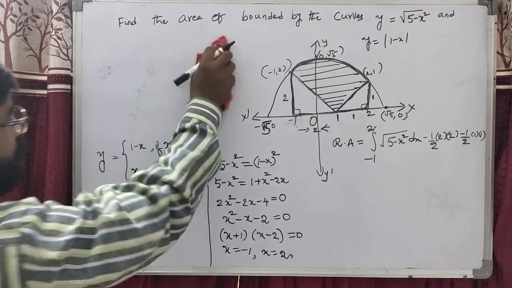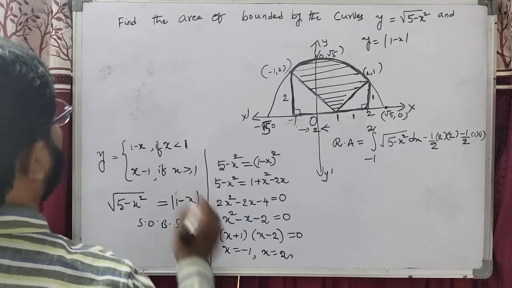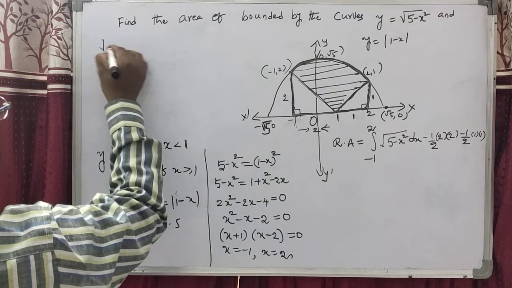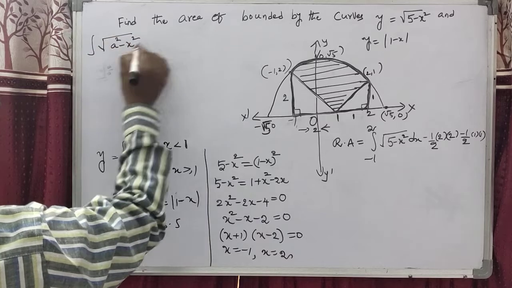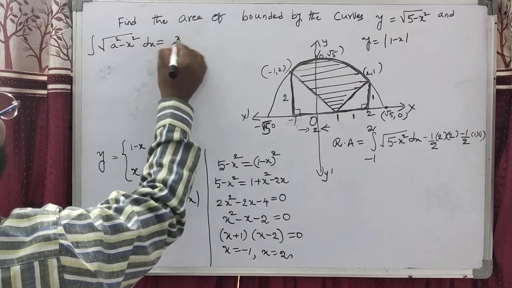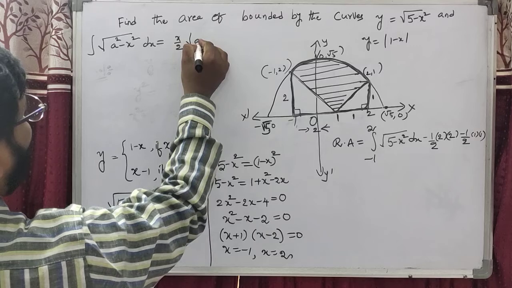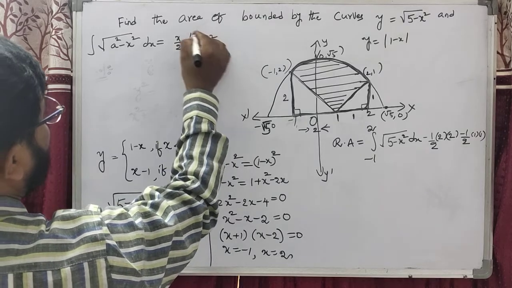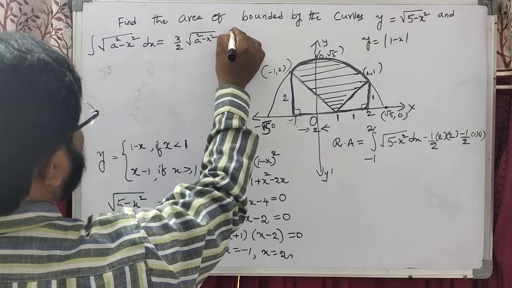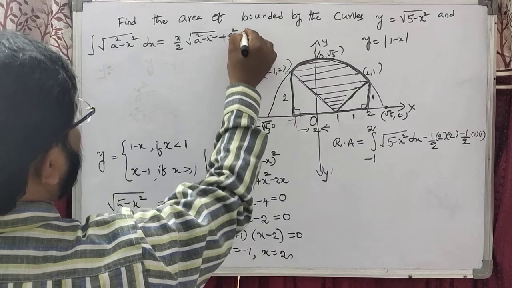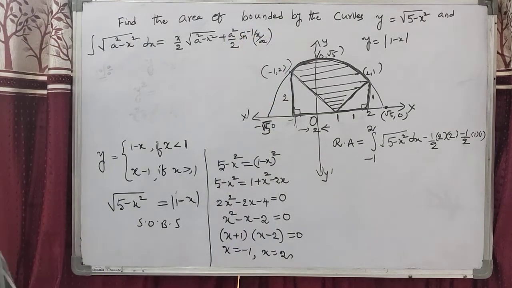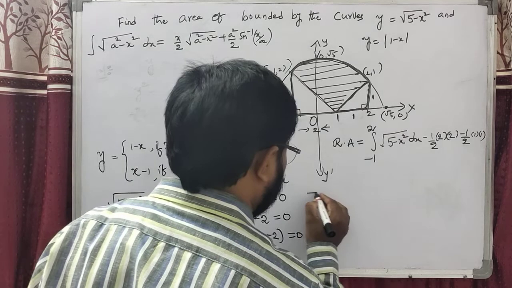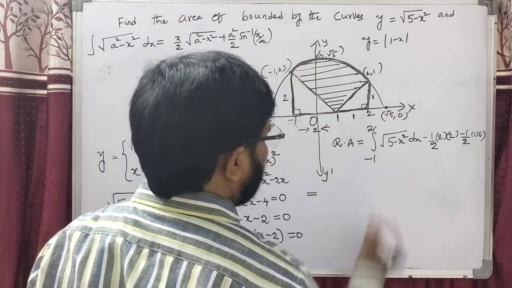We know that integral of root of a square minus x square dx is x by 2 root of a square minus x square plus a square by 2 sin inverse of x by a. This is the formula.